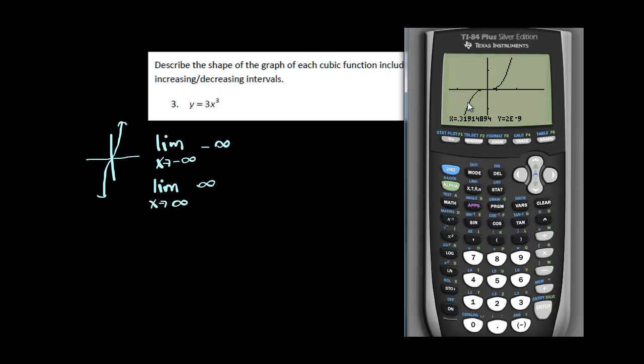And as you can see, it kind of just flattens out here and then goes up. It never gets to a point where it goes down, then up. You're constantly going up. So there's no turning point.